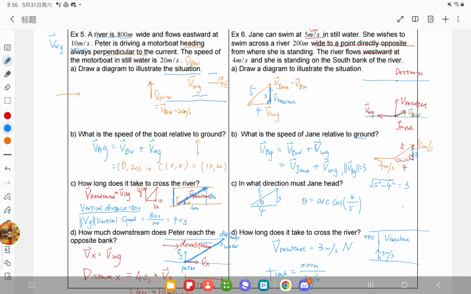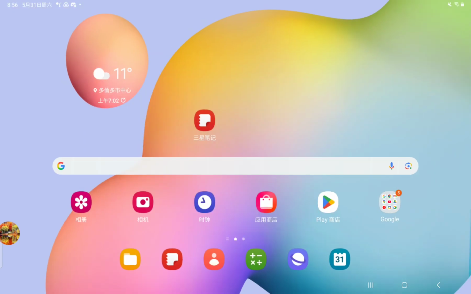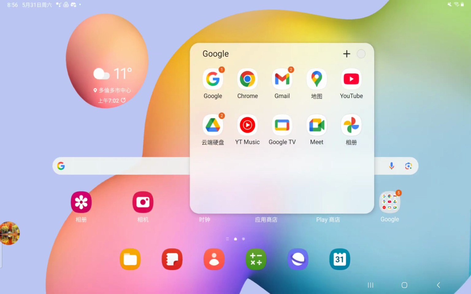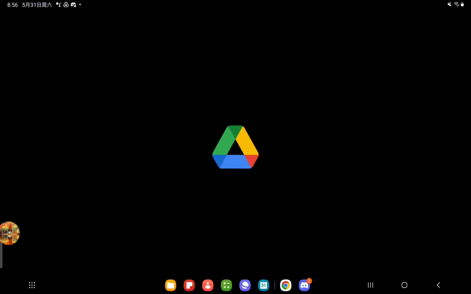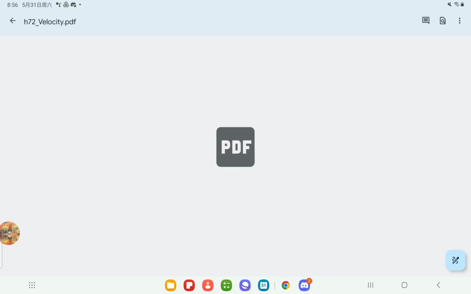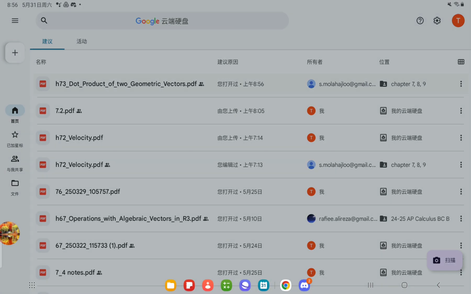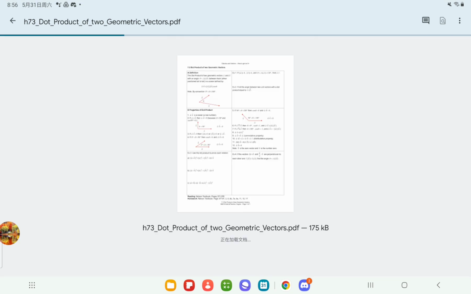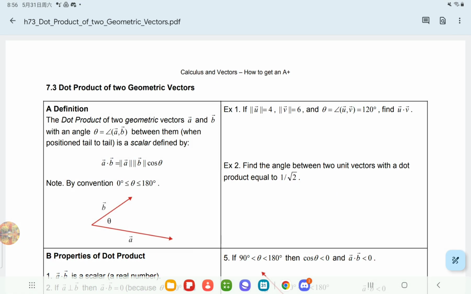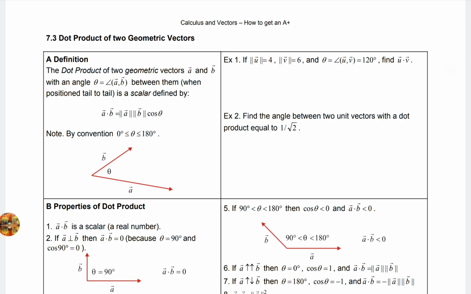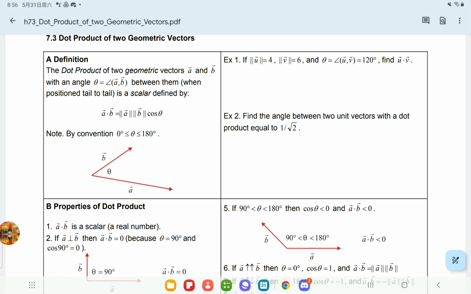So let's see if I can open this in my drive. Not sure if this is the one here. All right. Oh, this is 7.2 here. And yeah, this should not be hard for us.